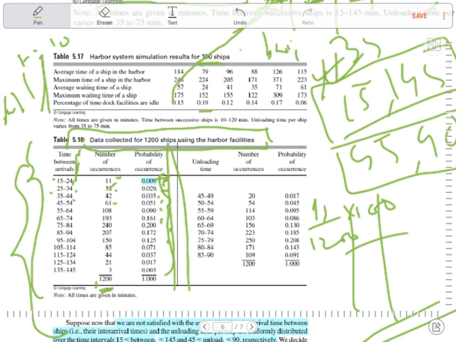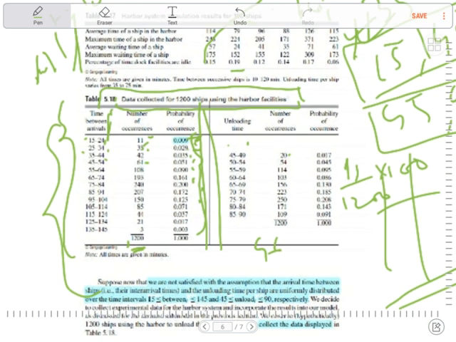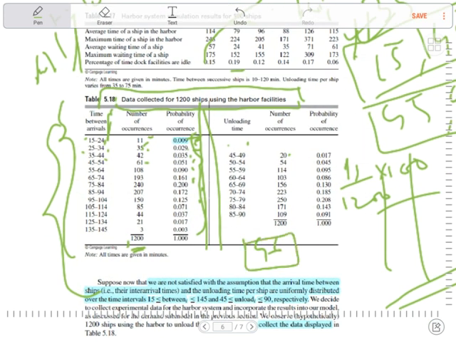Another is the unloading time, which is also to be taken care of. Here you are seeing that between 45 to 49 minutes, within this range of time, the number of occurrences is 20. That means 20 ships will be coming such that their unloading time lies between 45 to 49. Suppose 46 minutes unloading time is occurring for 5 ships, again 47 minutes unloading time is occurring for, say, 10 ships.